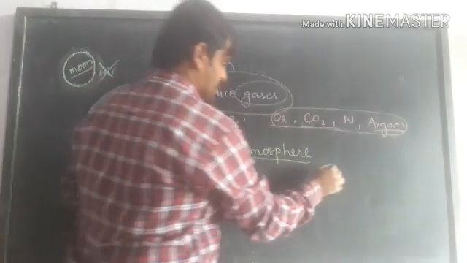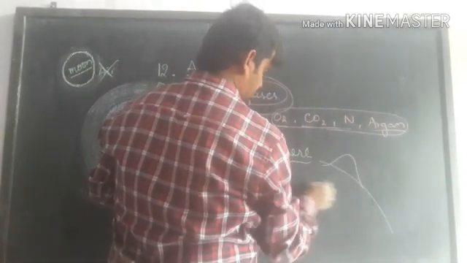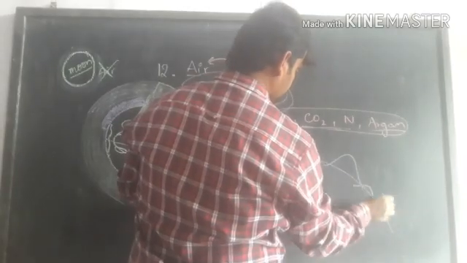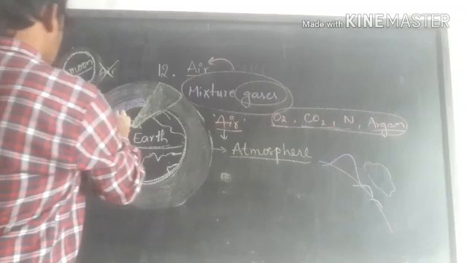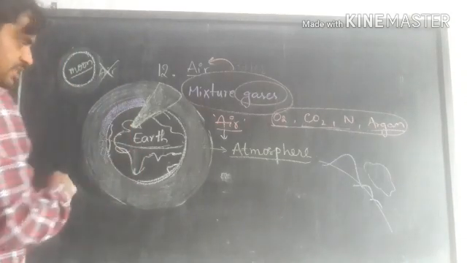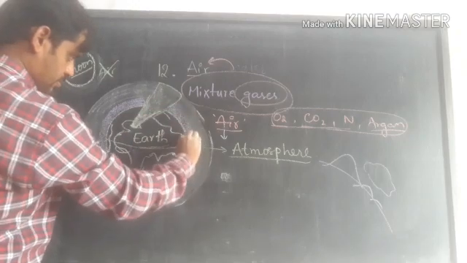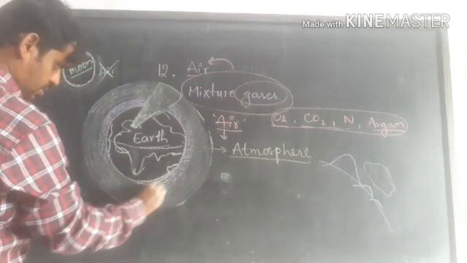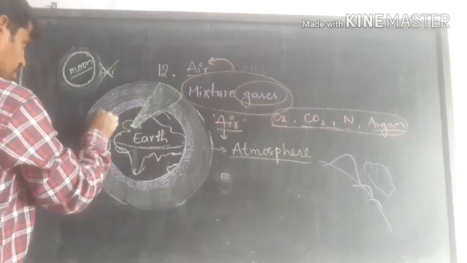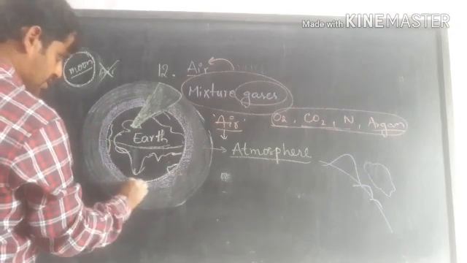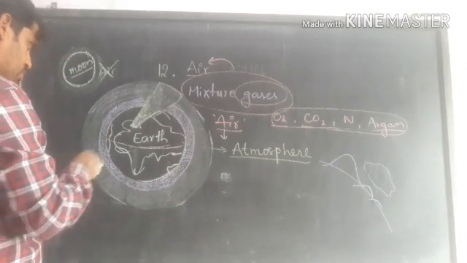Now let us take the earth surface. It is the earth surface, and here is the first layer where we can find the clouds. This is the first layer around the earth, and we call this first layer the troposphere.